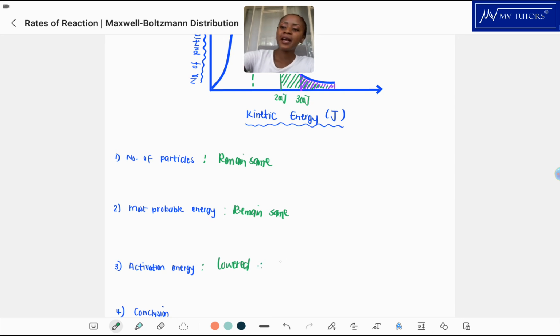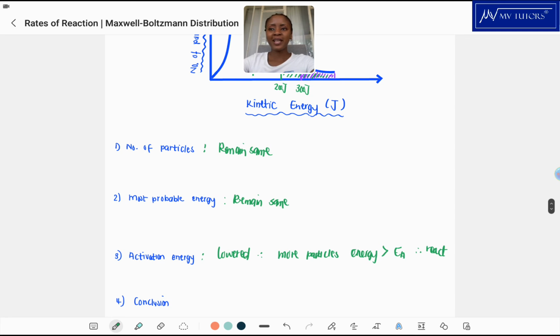So activation energy is lowered. Therefore, you will have more particles that have energy that is greater than the activation energy, okay? And therefore can react. Alrighty, and what can we conclude?